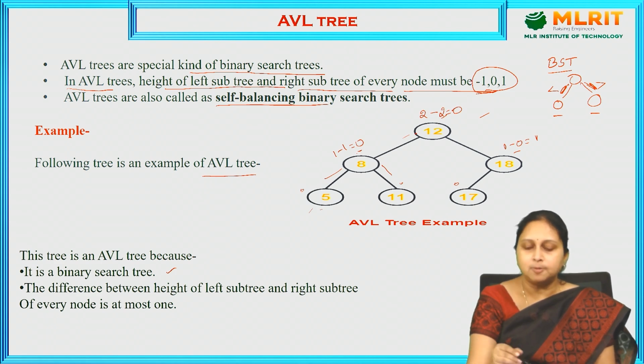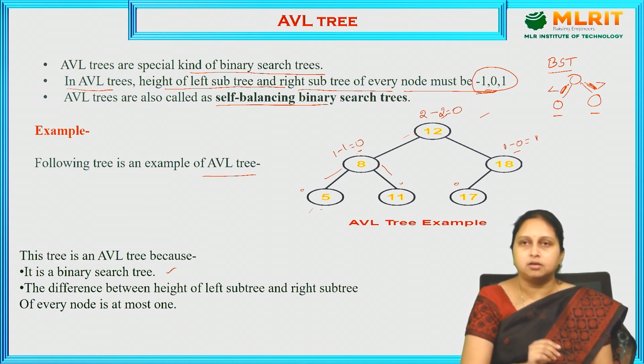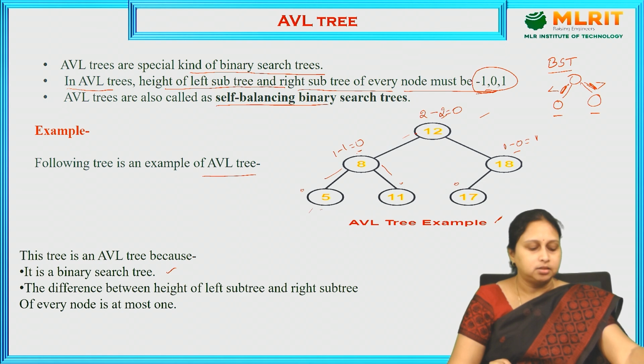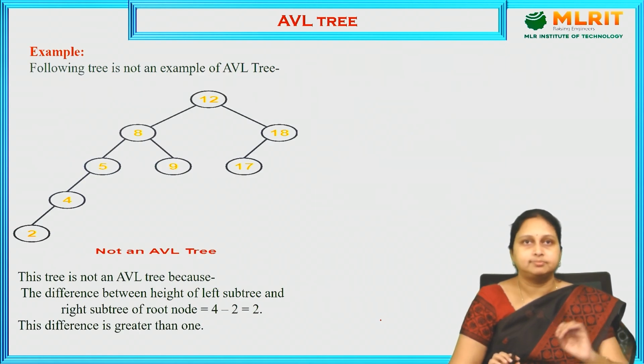That means you are not getting values other than -1, 0 or 1. That's why we can say this satisfies our AVL tree condition, that is, every node has a value of -1, 0 or 1. These are the properties it has to satisfy to be an AVL tree.